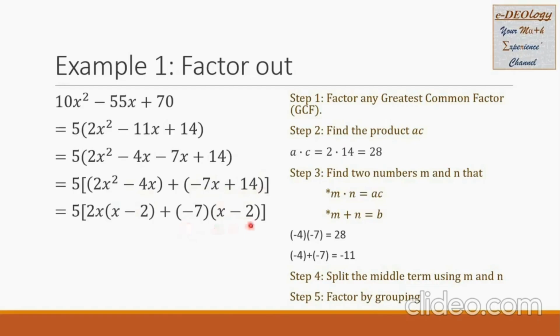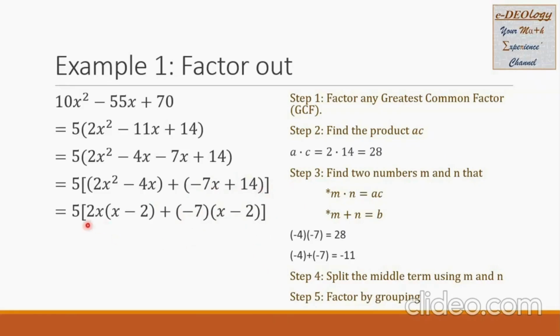Again, just to check if these factors are correct, we can multiply and see if we get the original binomial back. The negative 7 times x is negative 7x, and negative 7 times negative 2 is positive 14. So we are sure that these factors are correct.